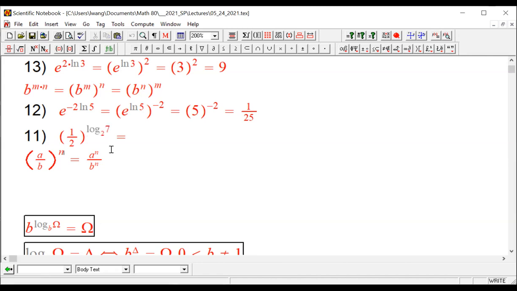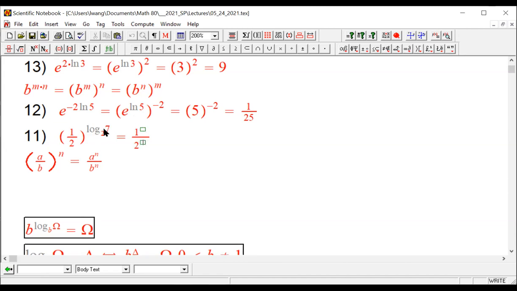So what we can do is have 1 raised to the power of N and 2 raised to the power of N, and the power is the same N right here.